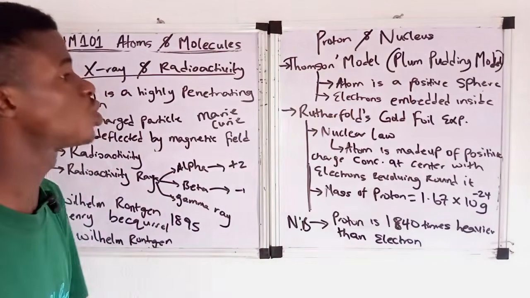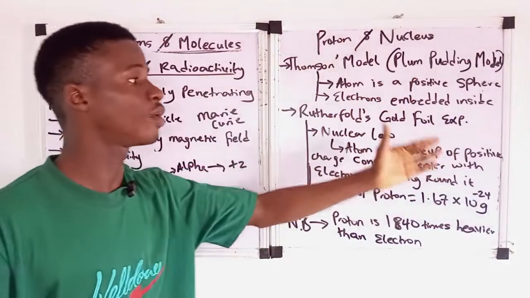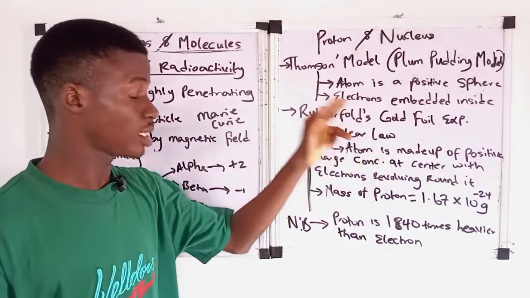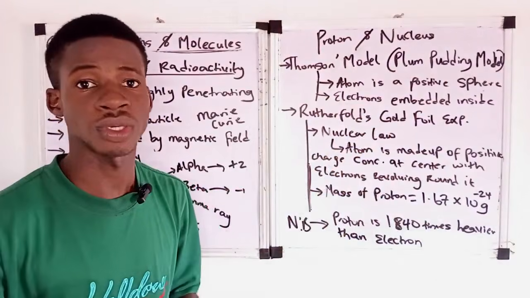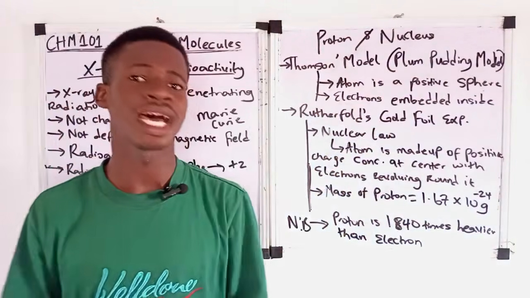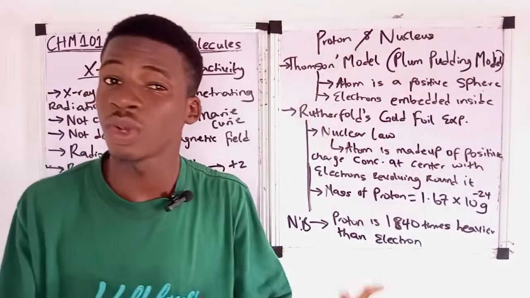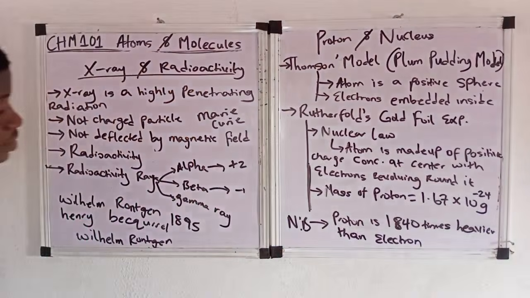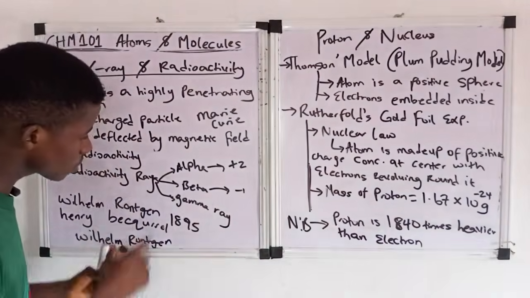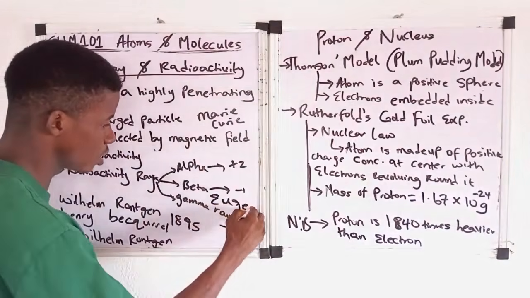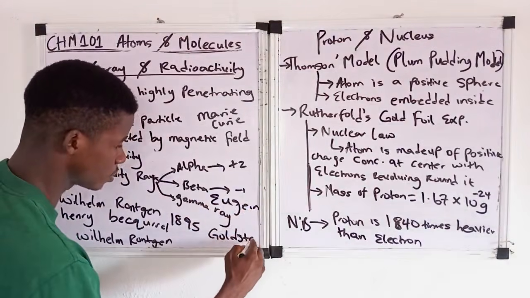Now move further to Rutherford's gold foil experiment. It was with this experiment that Rutherford discovered the nucleus and all. But please take note that the proton was first discovered by a scientist known as Eugene Goldstein.